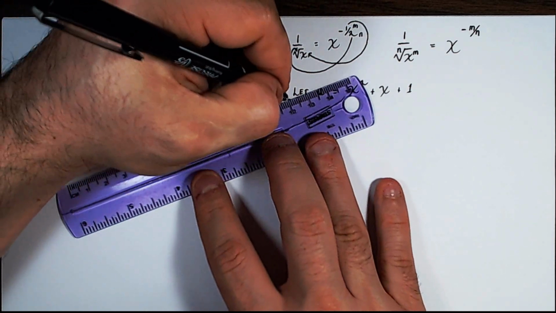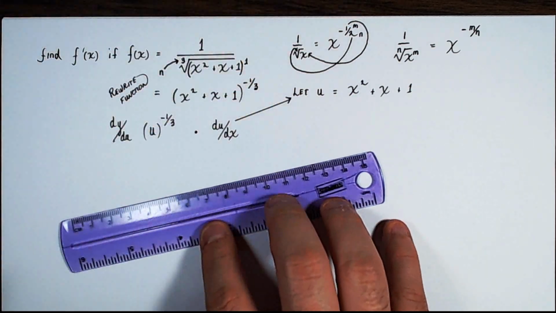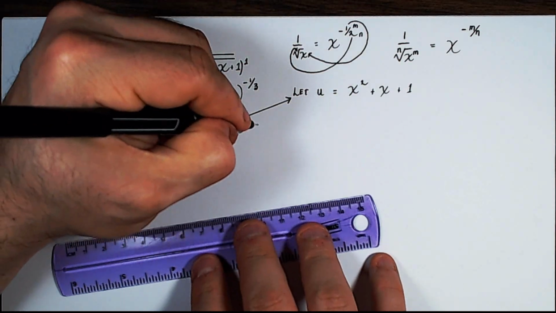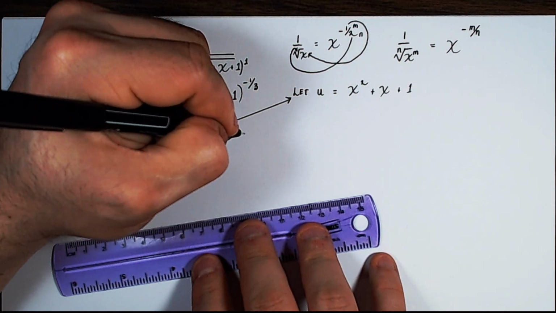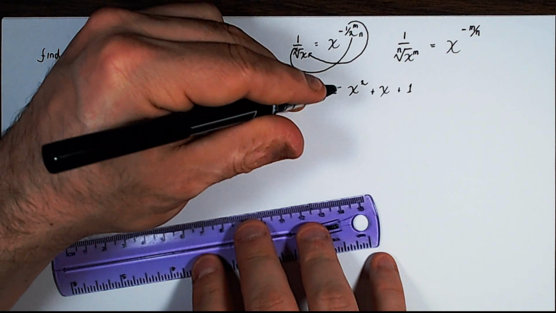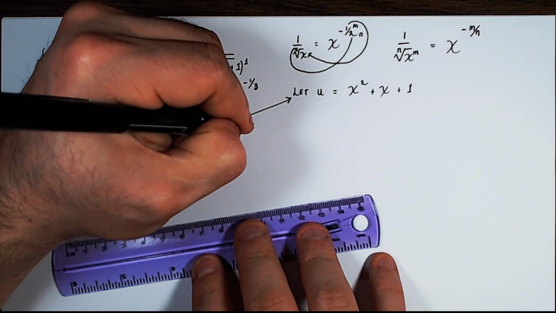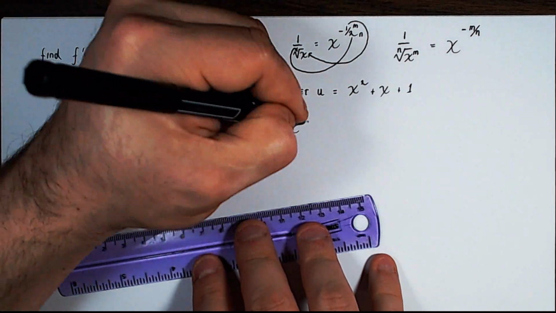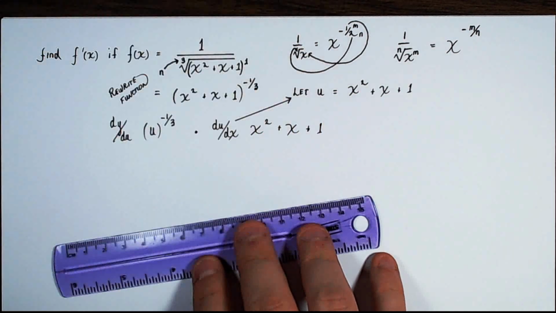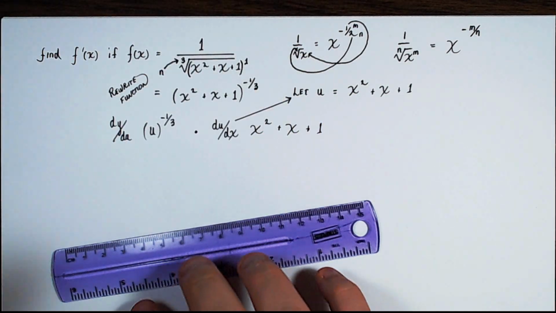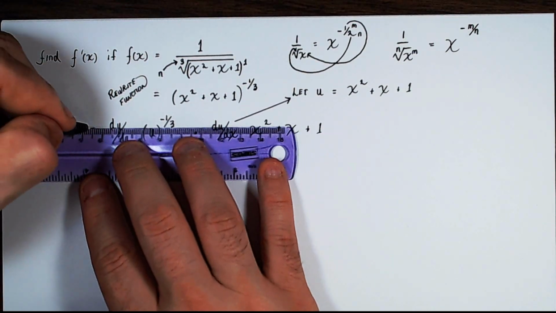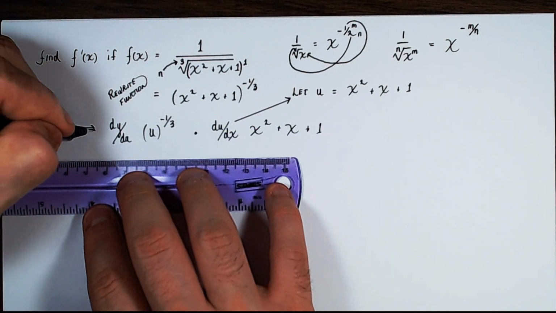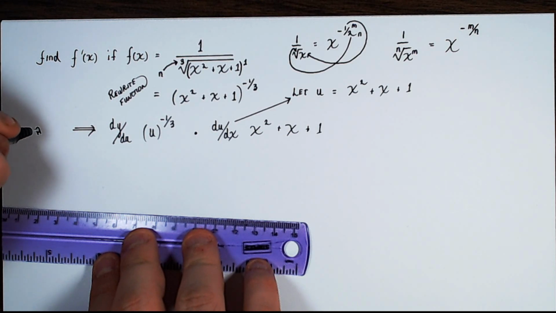This is where I'm bringing in this right here. I will then take the derivative with respect to x of what I gave u, and that would be x squared plus x plus 1. This is the chain rule. So now I'm applying the chain rule.